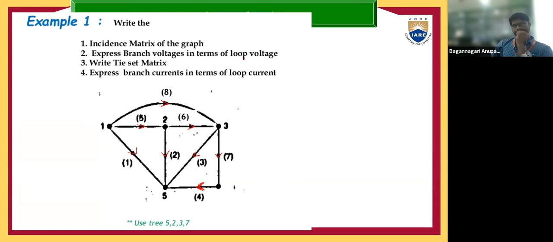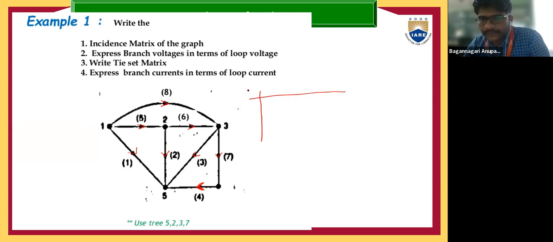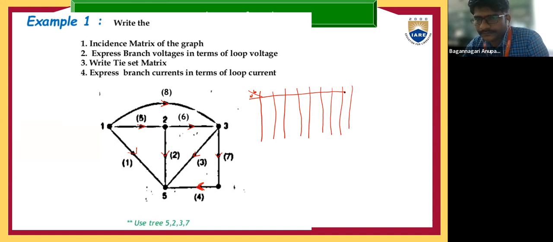So what comes in the first column? These are all branches: 1, 2, 3, 4, 5, 6, 7, 8.